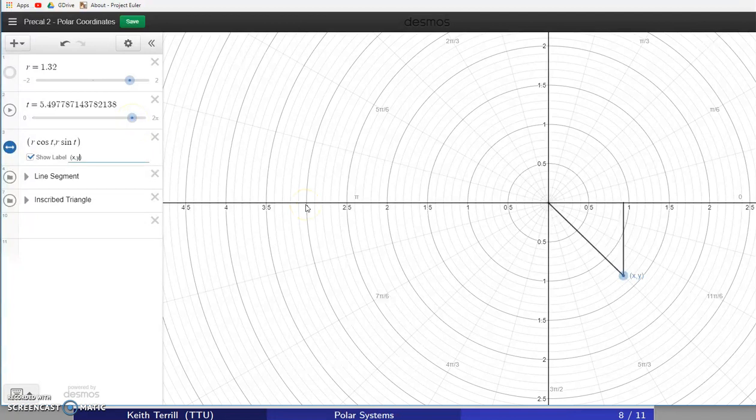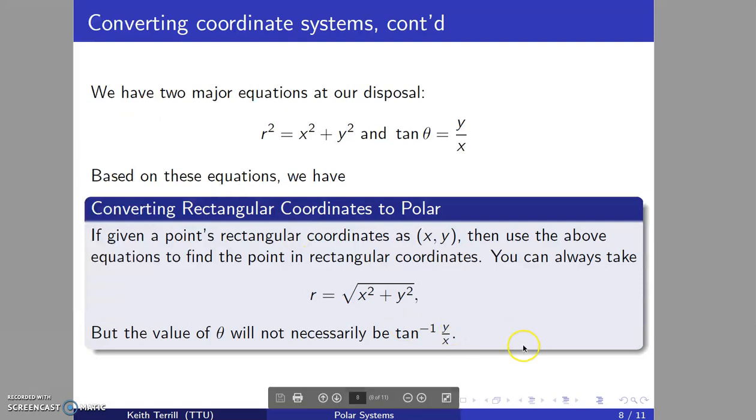And that is because arctangent only gives you values in quadrant 1 and 4. So you would have to compensate for that. It is not always going to be the case that you can just take the arctangent and know for sure where you are. You have to be a little smart about it. You have to recognize, okay, I'm in quadrant 3, arctangent gave me this value, so my actual angle theta is this guy.